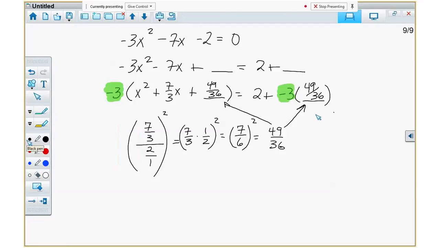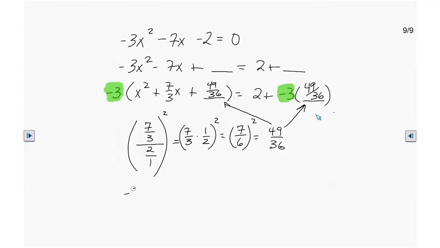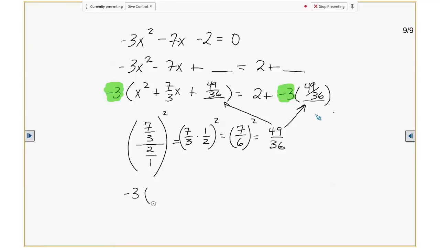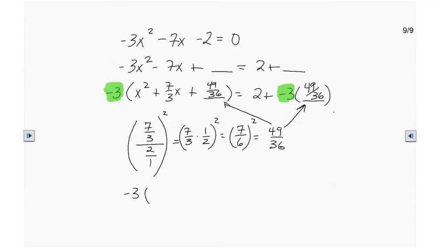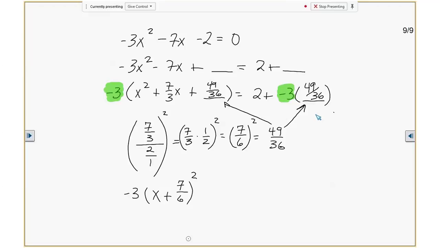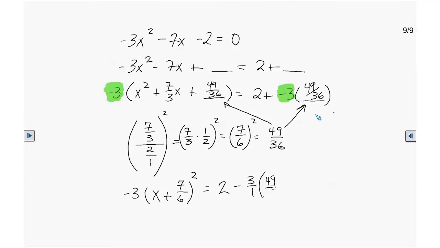All right, so that gives us -3. Shortcut number 1. Equals 2 minus 3/1 times 49/36.